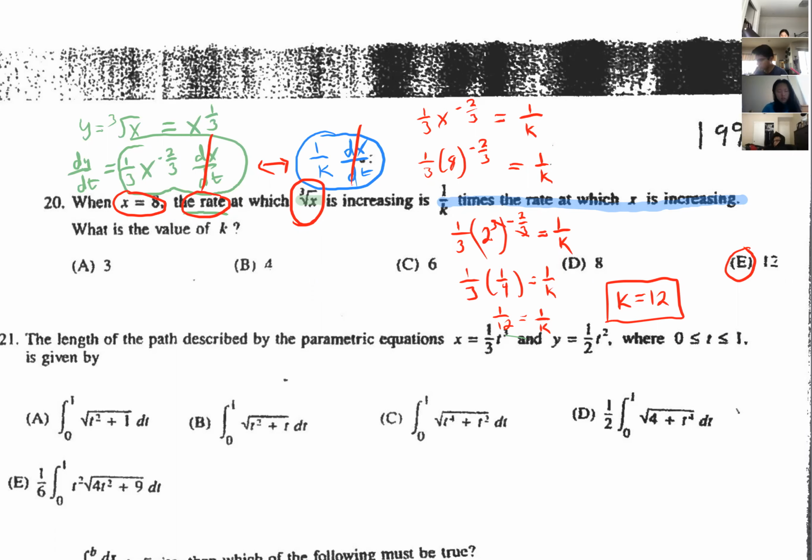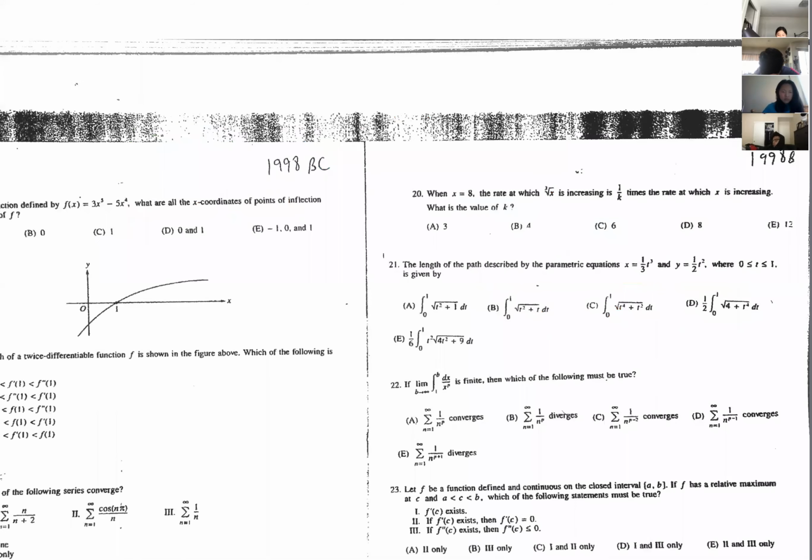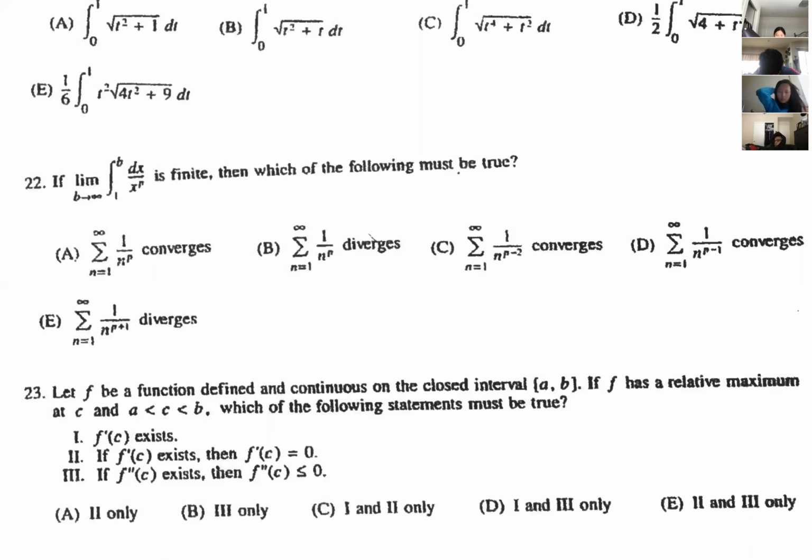Okay. Other questions on this page? 22. Let's look at 22. I'm going to clear this out. So which of the following must be true?